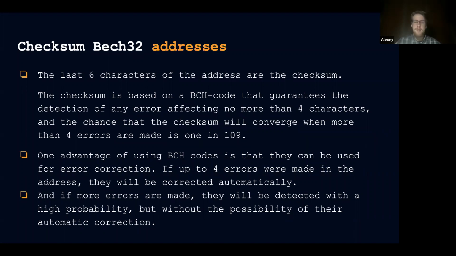One of the advantages of using BCH codes is that they can also be used for error correction. If up to 4 errors are in an address, they will be corrected automatically.